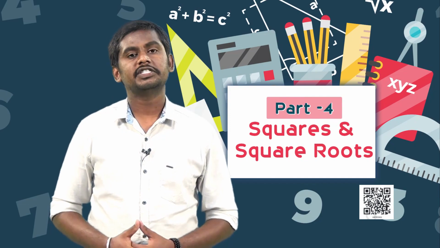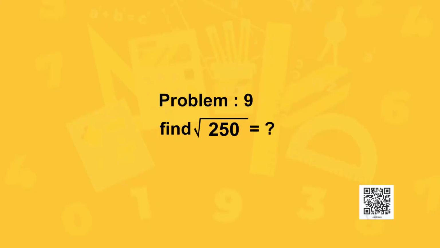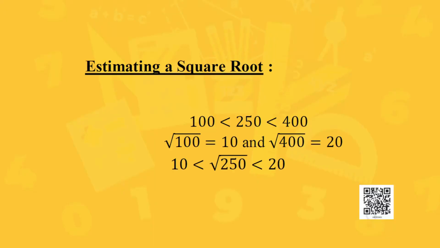So now let us try to estimate the square root of 250. We know that 100 is less than 250, which is less than 400. So the square root of 100 is equal to 10 and the square root of 400 is equal to 20. So clearly 10 is less than square root of 250, which is less than 20.